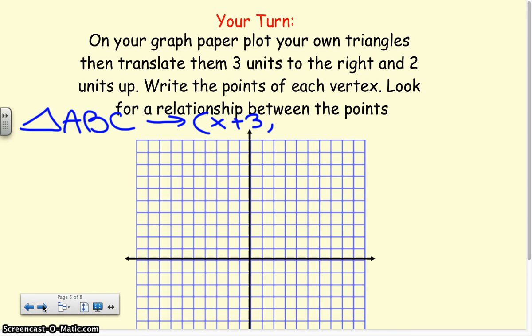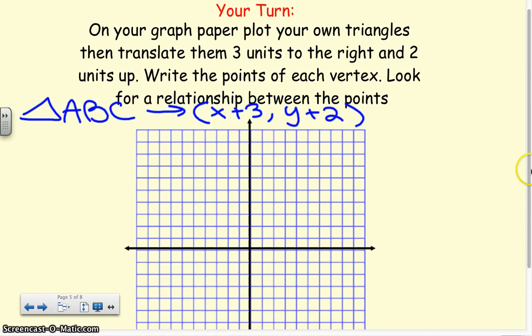Take your X value, go 3 to the right, and then 2 units up. Take your y value and go up 2. That's the notation that I'm using. We'll actually have a slide for that in a minute too. So triangle ABC is going to translate into x plus 3, y plus 2.